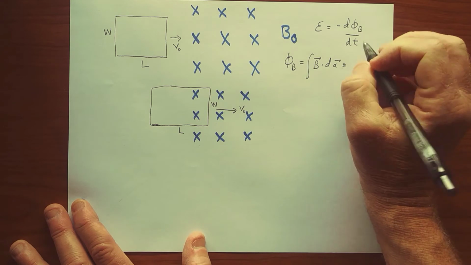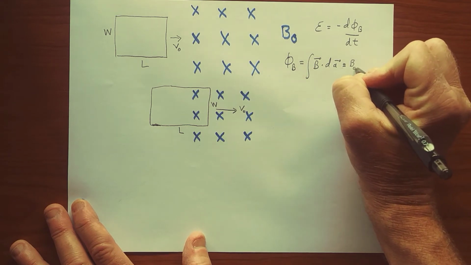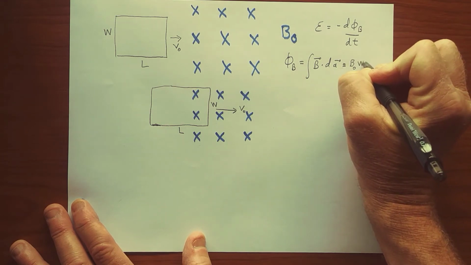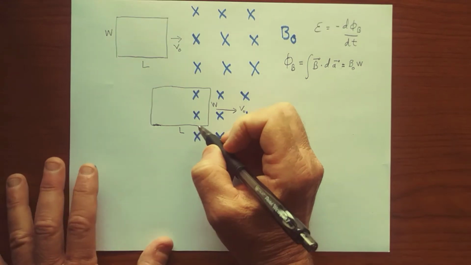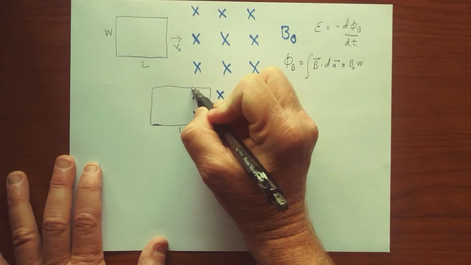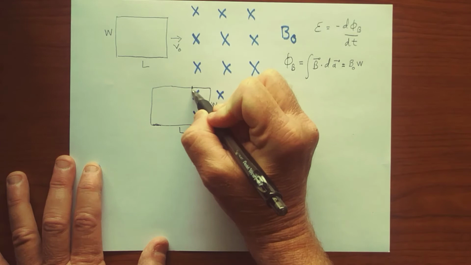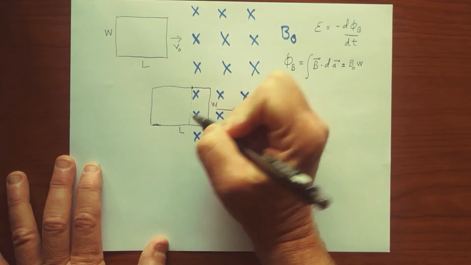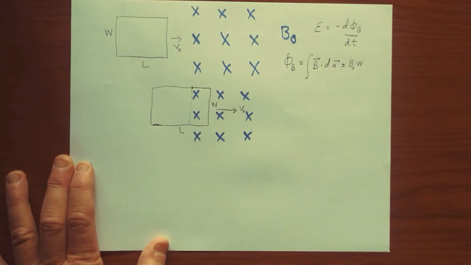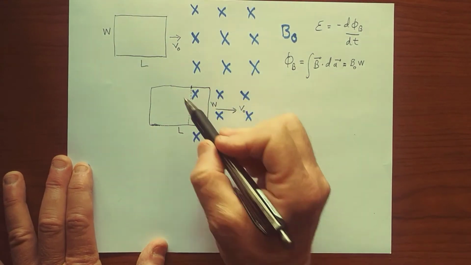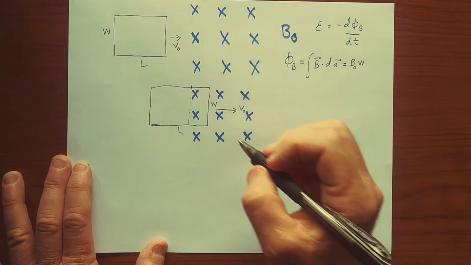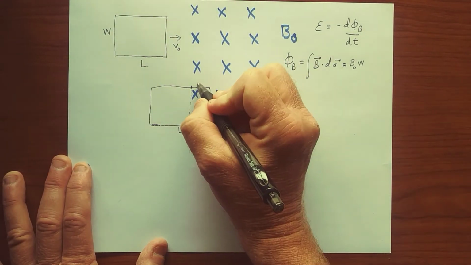So this looks like B naught times W times the amount of this that's inside of the field, right? So that's the area. This area is increasing as more and more of this is coming into the field. So this side is W, but the question is, what's this side?